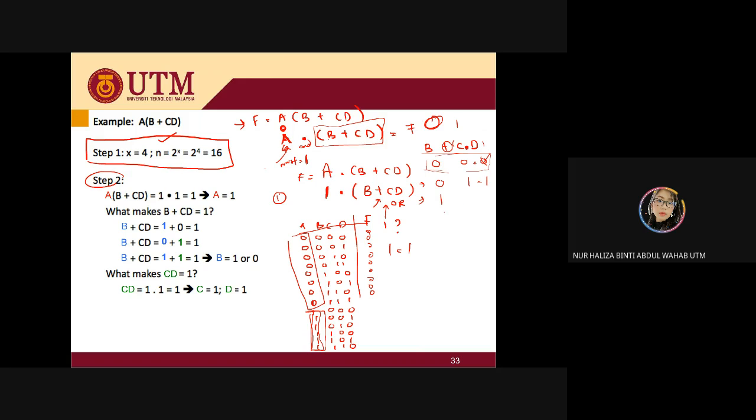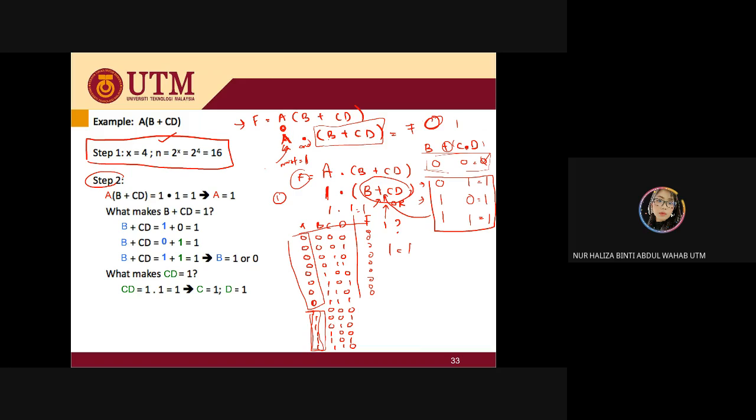If your B is 1, your CD is 0, you will get 1. If your B is 1, your CD is 1, you will get also 1. So there are these 3 possibilities to get 1 here. Because you want 1 and 1 for the F to get 1.